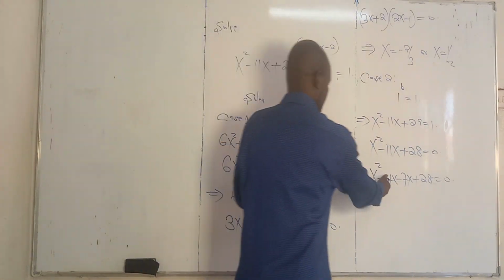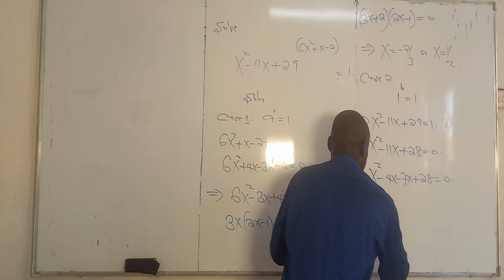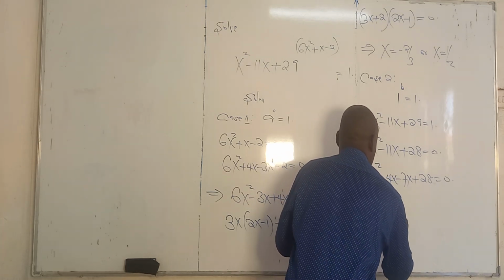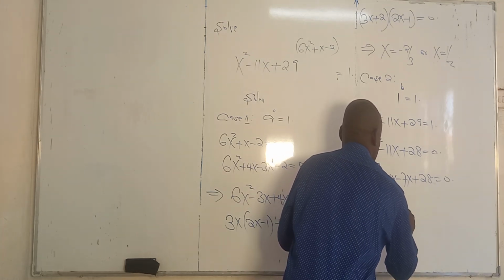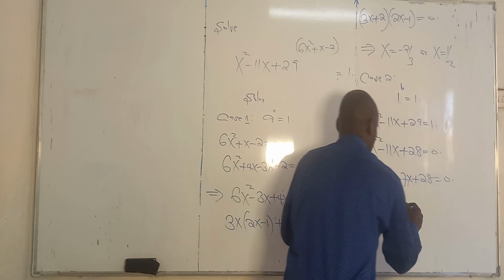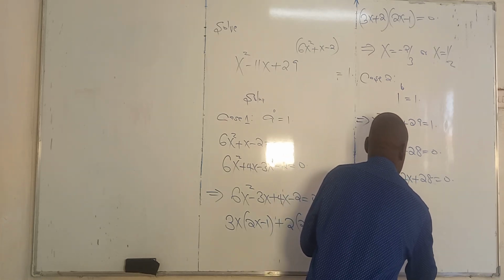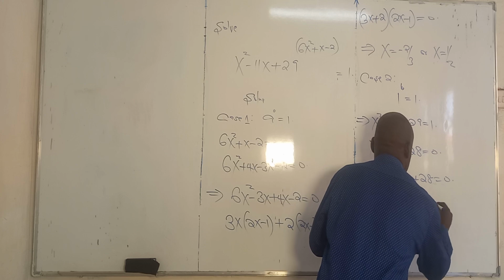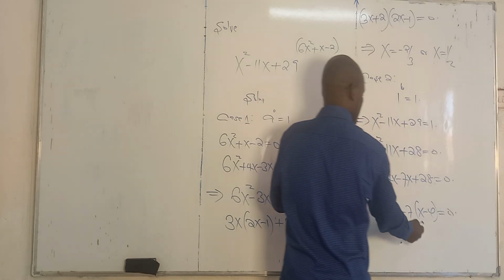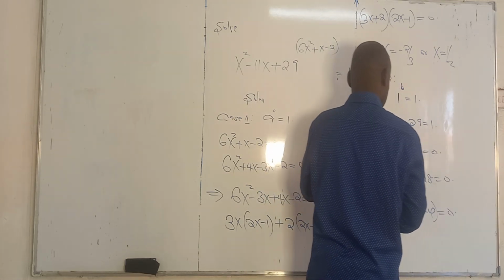So I can factorize x here. I have x, so it's x minus 4. Then here I have again minus 7 into x minus 4 is equal to 0. So if I expand this, I end up with this.